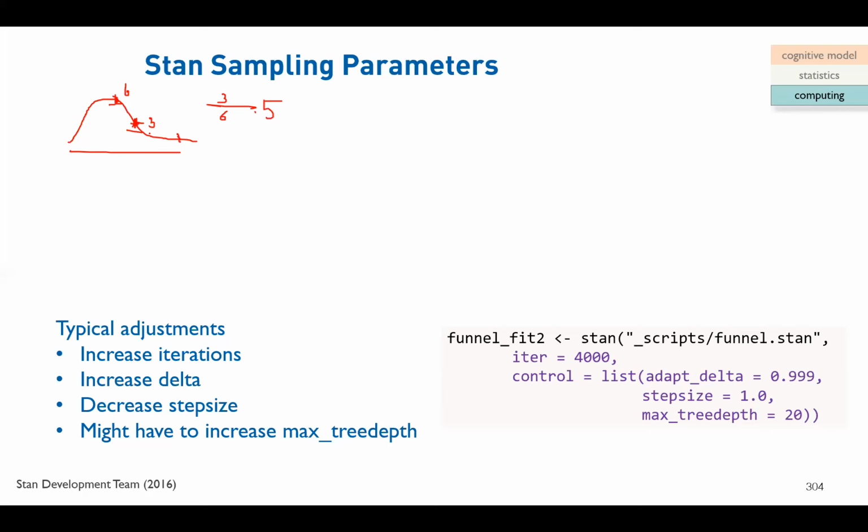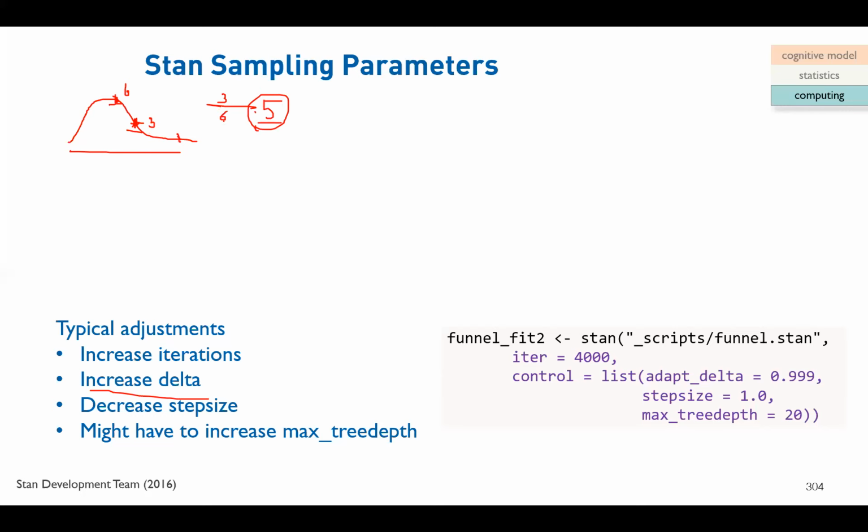But to have fine-grained sampling, what does that mean? Fine-grained means to visit these places as many as possible. Even though they have lower density, you still want to go there. So to increase the delta means to increase this number from 0.5 to something larger.